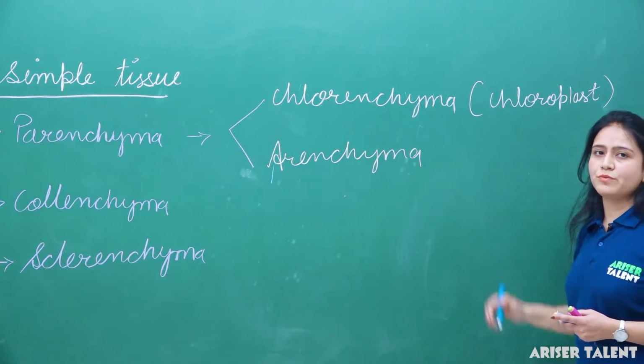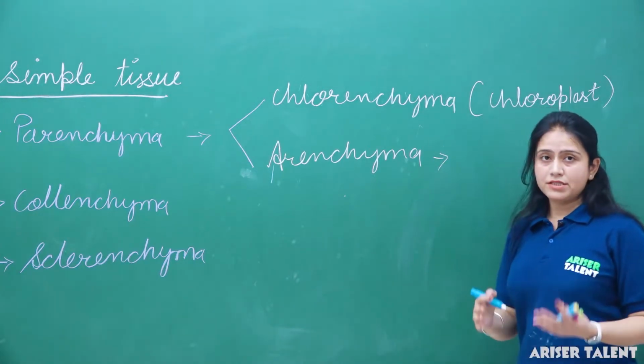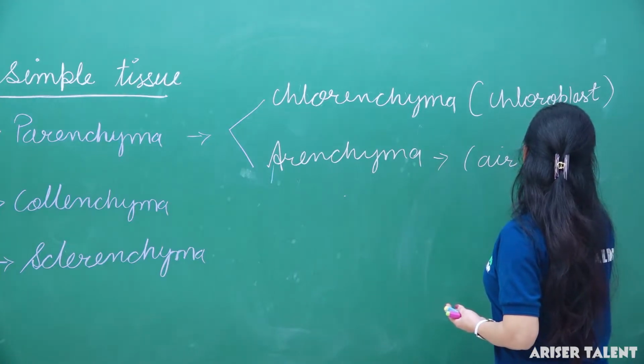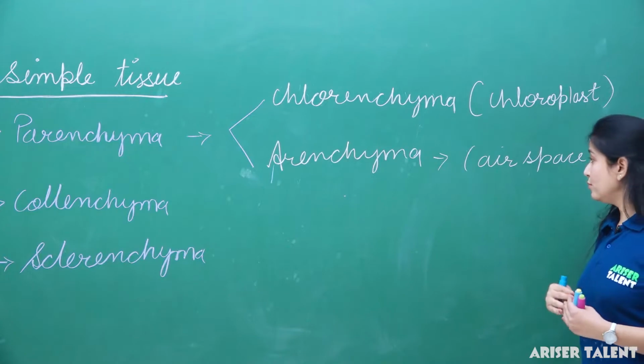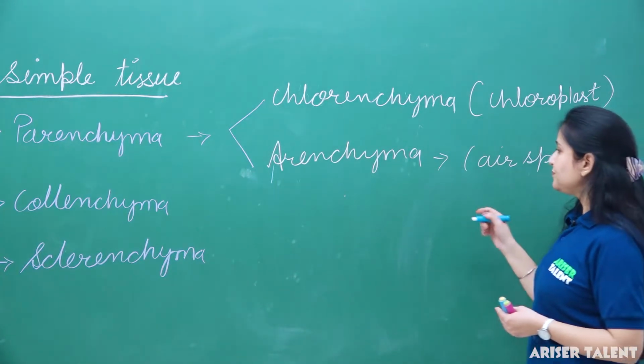It helps the plant to make food. Aerenchyma has air spaces and it helps the plant to maintain buoyancy, meaning the plant can easily float.